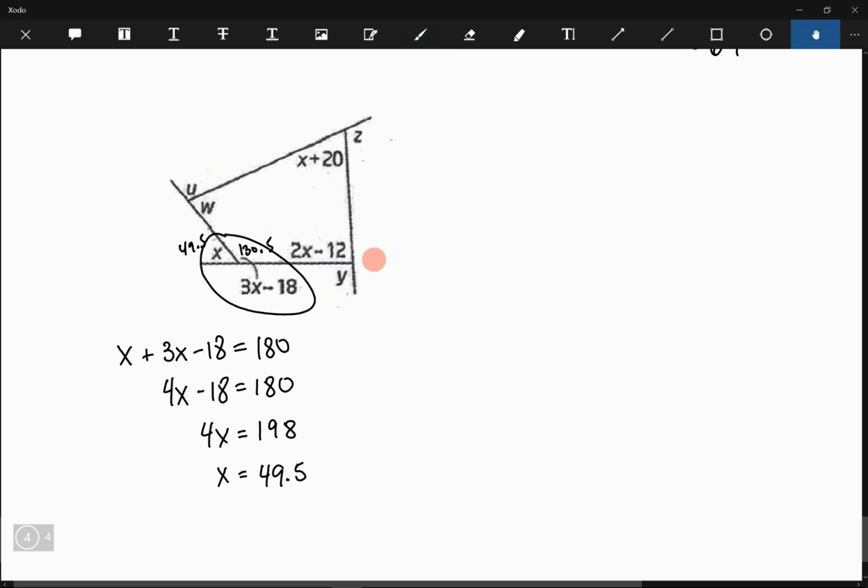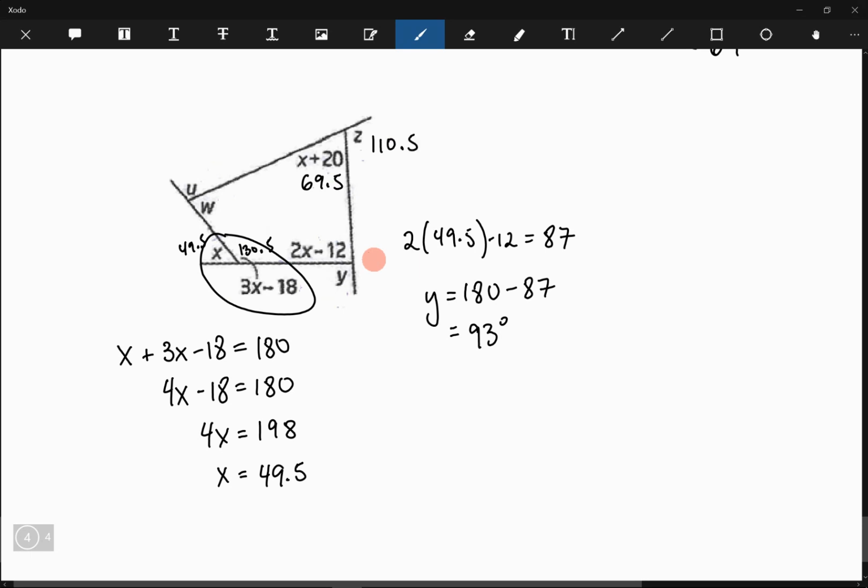Well, I already know that x is 49.5, so 2 times 49.5 minus 12 is equal to 87. Okay, so that means y is going to be 180 minus 87 using the supplementary angle rule, and so that makes y 93 degrees. Okay, up here x plus 20, that makes 69.5, which means z, if I subtract that from 180, would be 110.5.